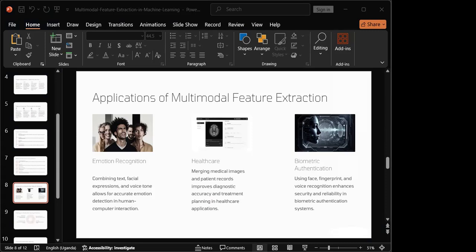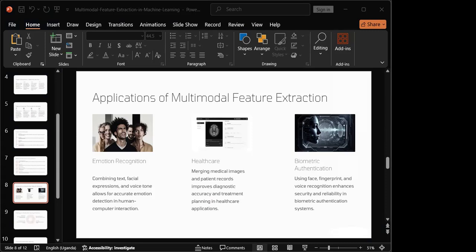Then we have healthcare. These systems combine the records with the scans to determine someone's medical history and what they're suffering from, or the history of other people, to determine the critical condition of someone's health, what they're going through, and to diagnose a certain condition or recommend a certain treatment in order to cater for their health.